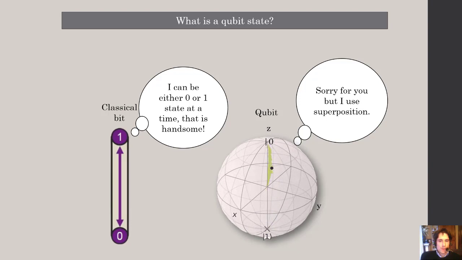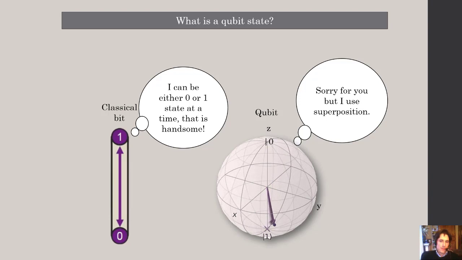So the superposition here is represented by a state vector of probability. It has the probability of being in state 0 or 1. There are a lot of states at a given time.